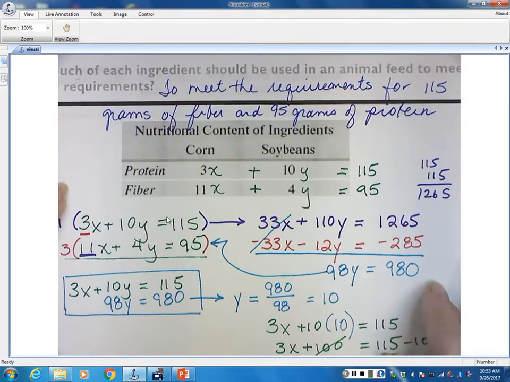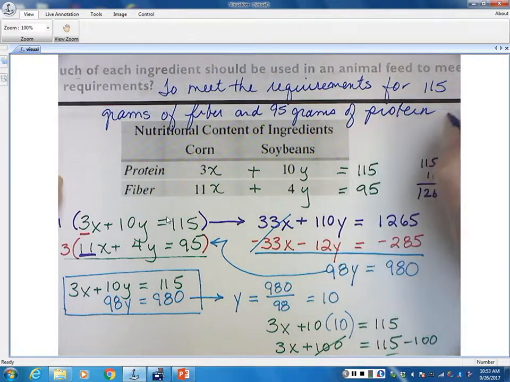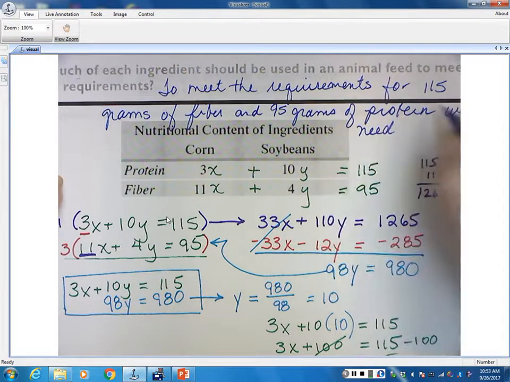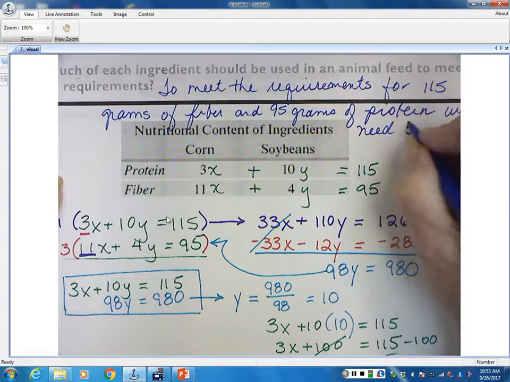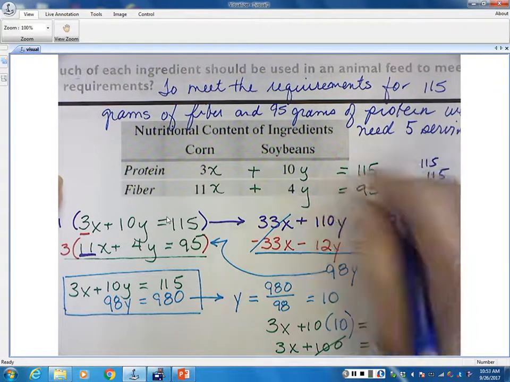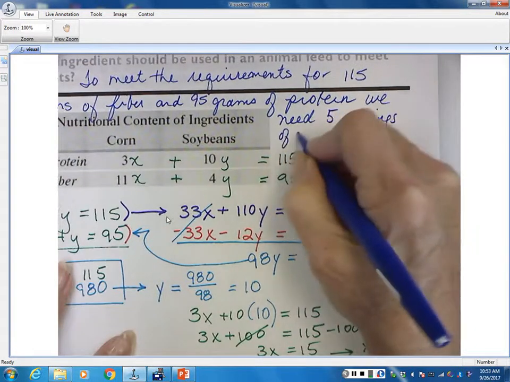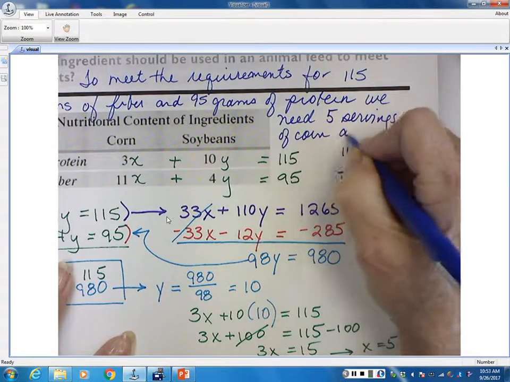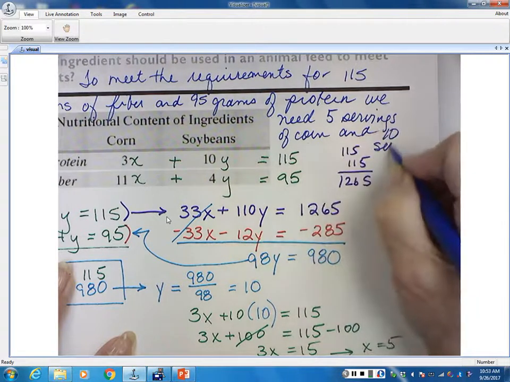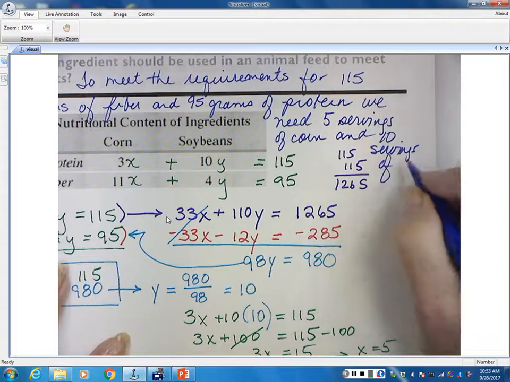To meet the requirements for 115 grams of fiber and 95 grams of protein, we need 5 servings of corn and 10 servings of soybeans.